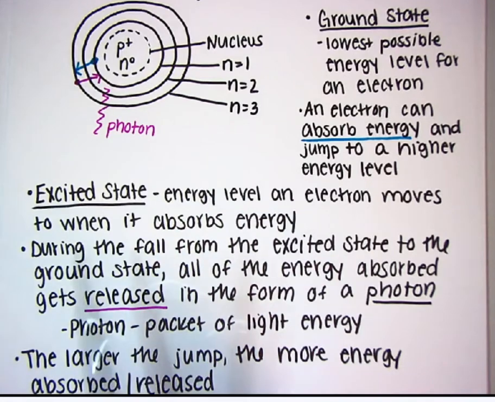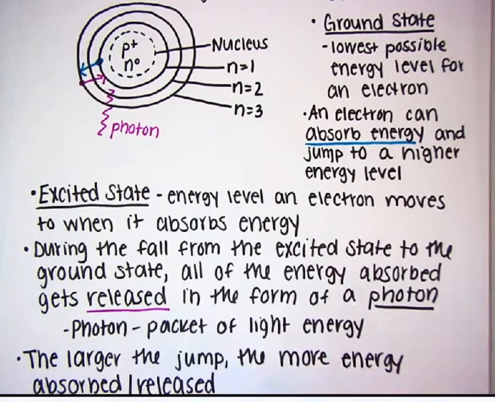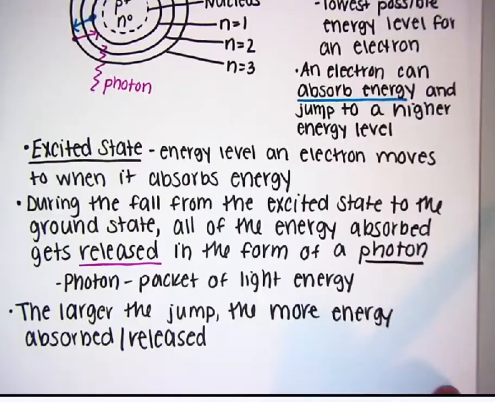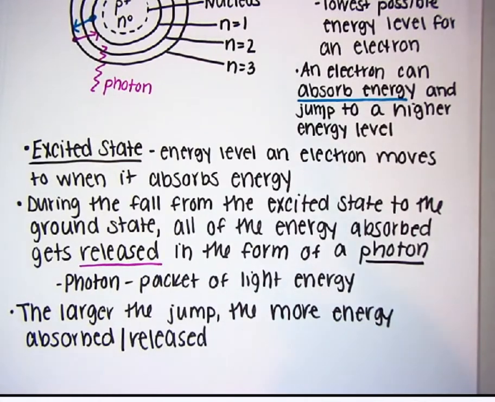So we might have a small jump, maybe it just jumps one energy level, or we can have a larger jump, maybe it jumps 3 energy levels. The larger the jump, the more energy absorbed or released. And then just the opposite, the smaller the jump, the less energy absorbed or released.